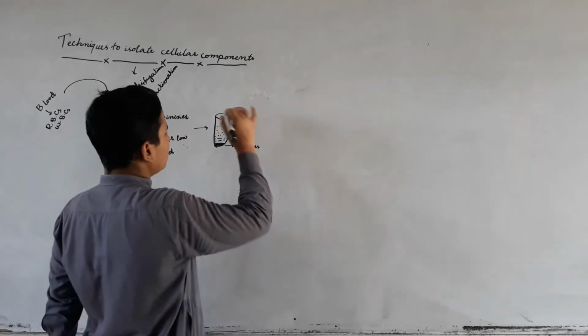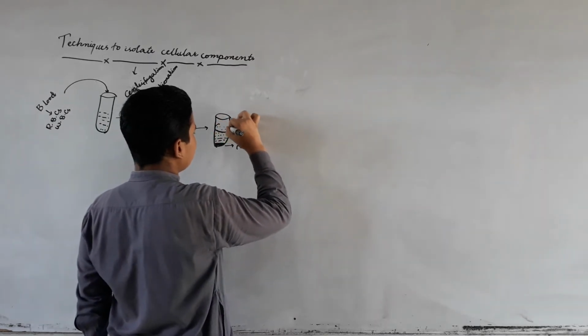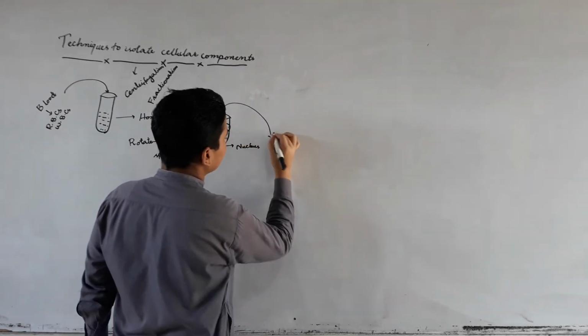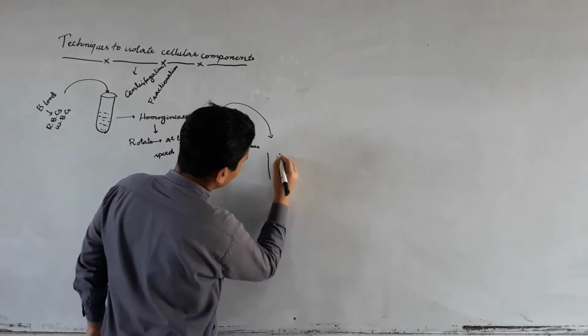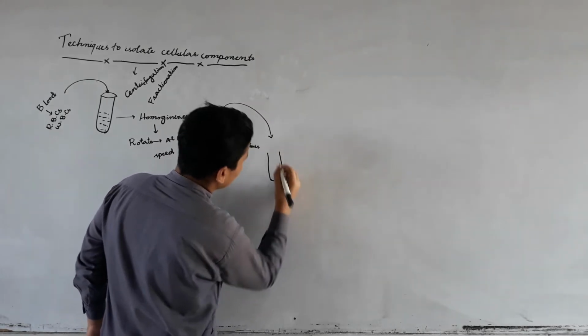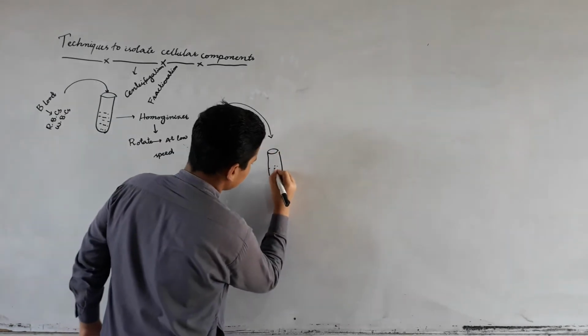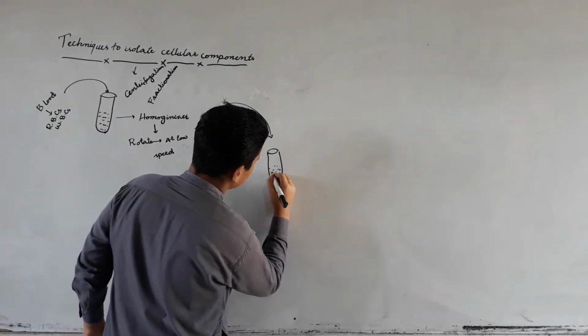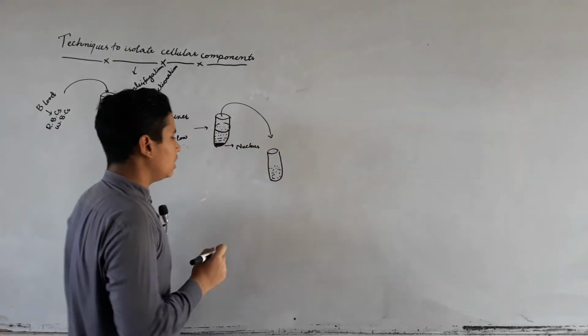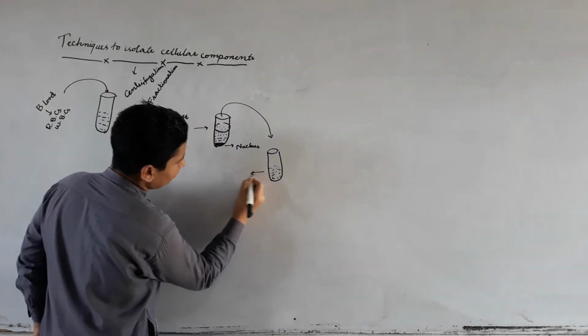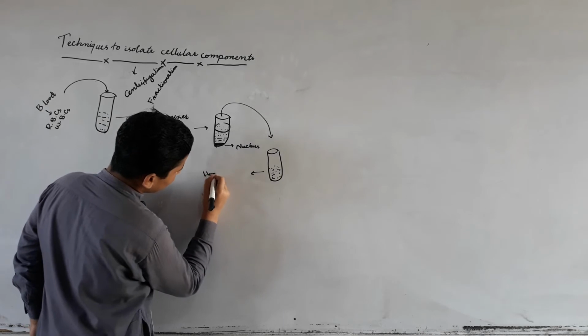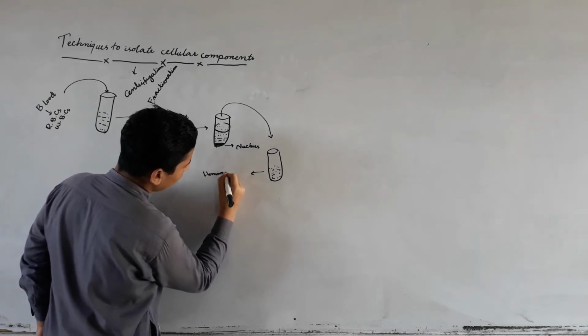After that, we put the lightest particles into another bottle and place them into the homogenizer machine again.